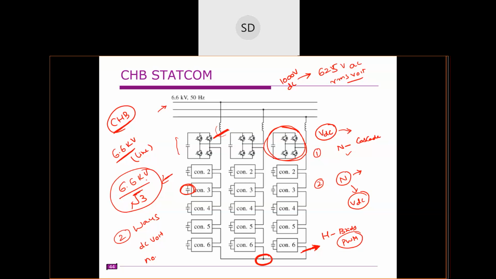So for the same example, I selected 1000 volts for each DC source. How many cascade units do you require? That can be calculated as 6600 by root 3 into 625. How much is this value?